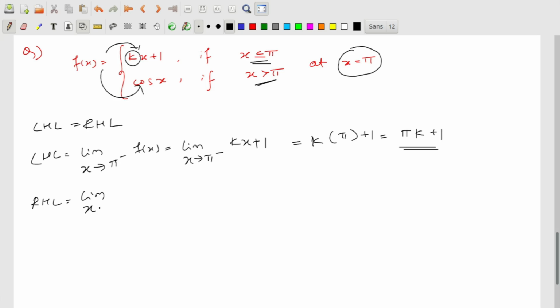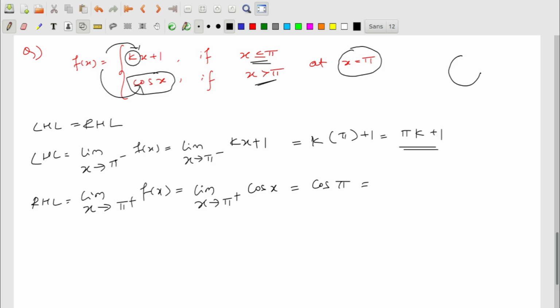The limit as x tends to pi plus, that is greater than pi. And what is the value of the function if it is greater than pi? Then we have cos x here. Now you make the substitution, so we get cos of pi. And what is cos of pi? Cos of 180, which you get from the unit circle if you remember from PU first year.